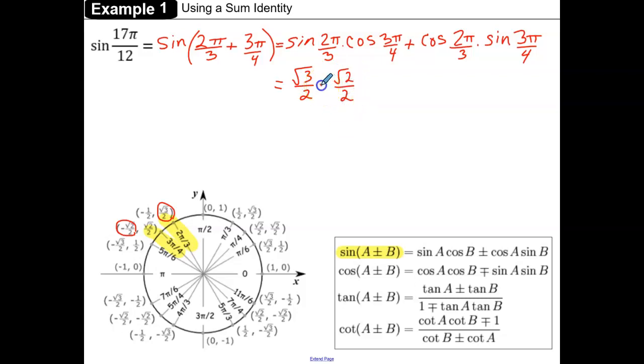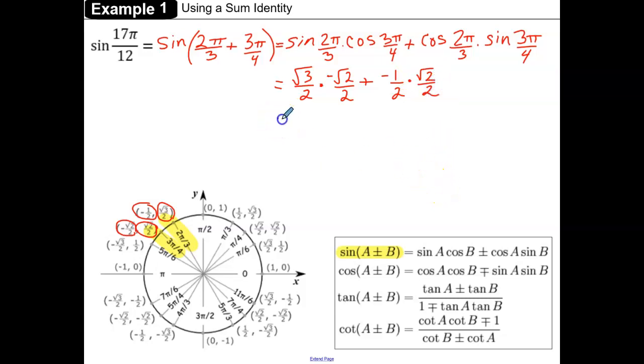And we're multiplying those together. Then we add the cosine of 2 pi over 3, and that's going to be the x-coordinate at that angle, so negative 1/2. And then that's times the sine of 3 pi over 4, which is the y-coordinate at 3 pi over 4. That's a positive square root of 2 over 2.